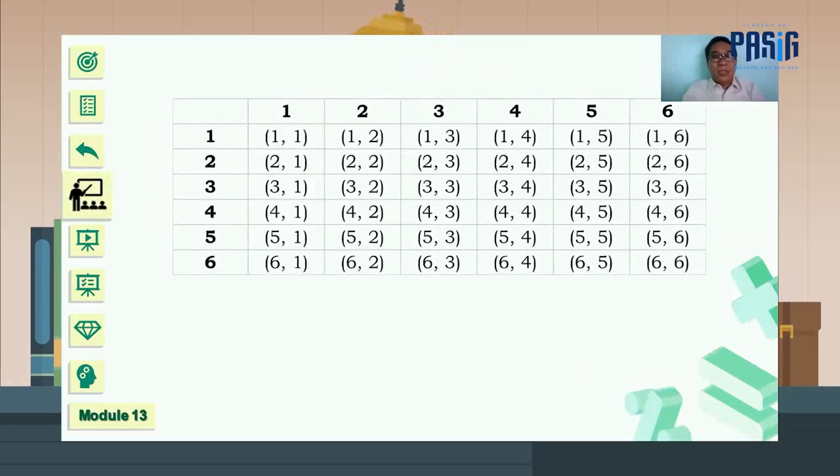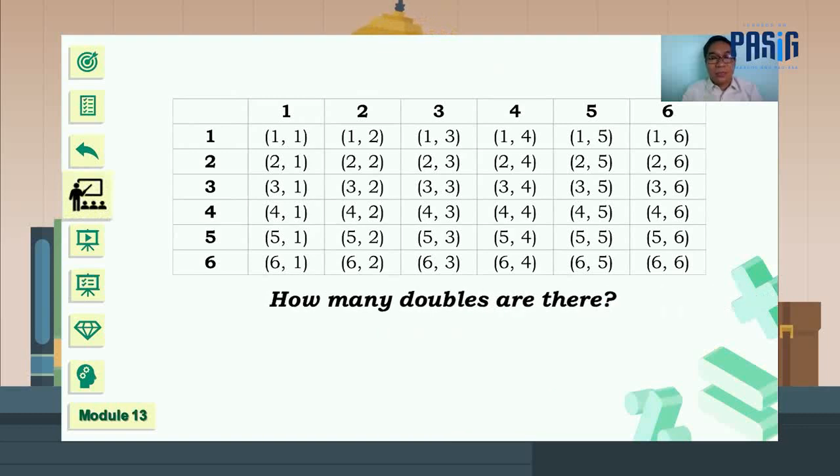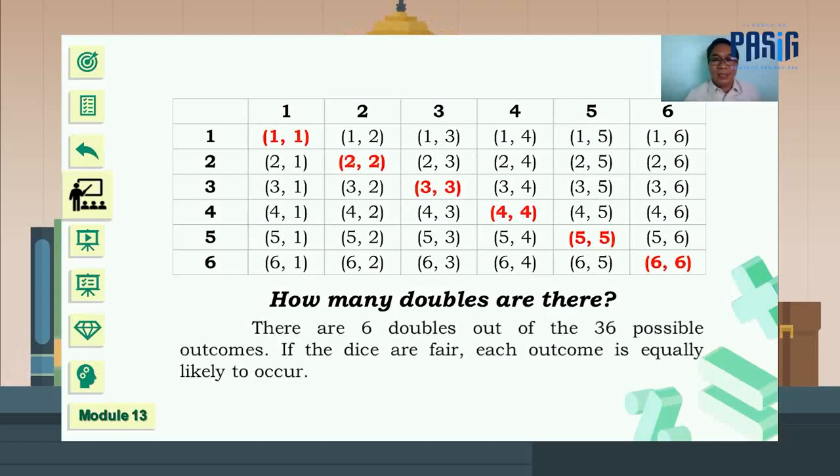Showing in the table, we have the possible outcomes. How many possible outcomes are there? Yes, you are right. We have 36 possible outcomes. How many doubles are there? Yes, we have 6. Those are 1,1; 2,2; 3,3; 4,4; 5,5; and 6,6.